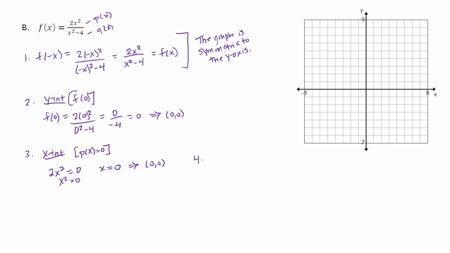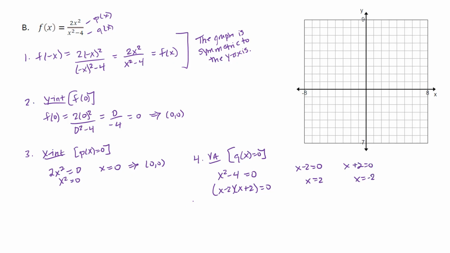Now we find our vertical asymptote by setting q of x equal to 0. And we have x squared minus 4 equals 0. This is the difference of squares, so we'll have (x minus 2)(x plus 2) equals 0. So x minus 2 equals 0 gives us x equals 2, and x plus 2 equals 0 gives us x equals negative 2.